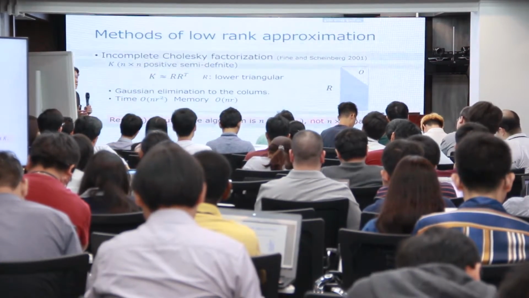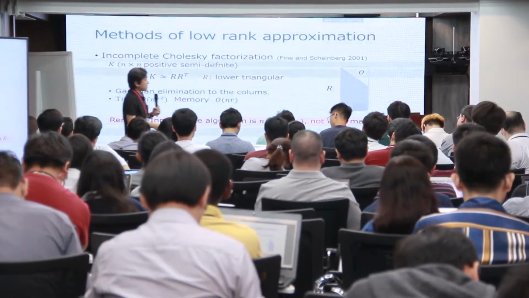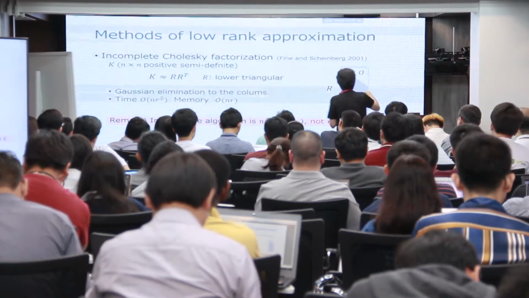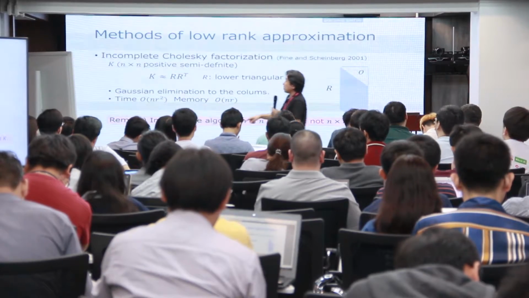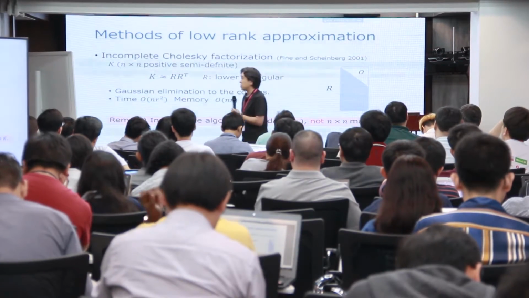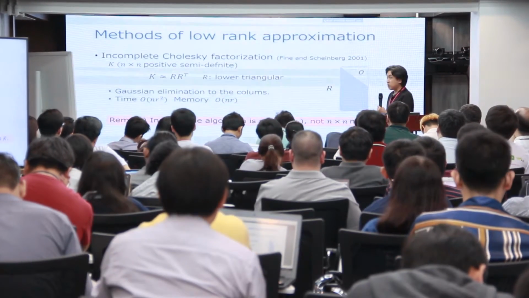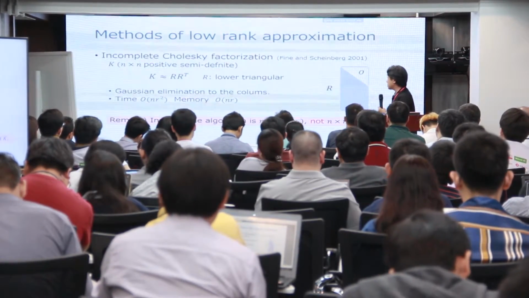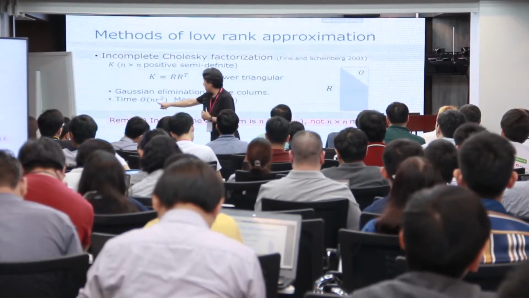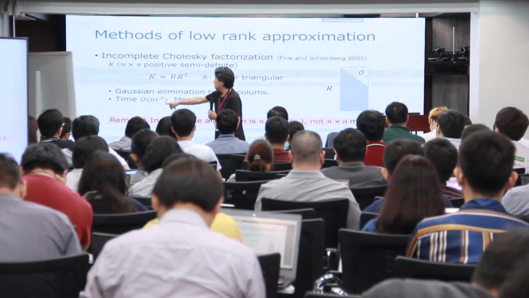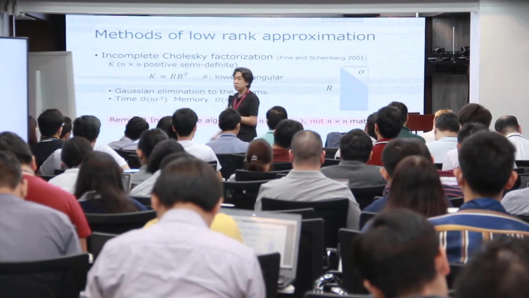Let's say that we have n data, and the matrix R is computed, and the element of K is computed only as needed. We only need to call the value. So in total, the computation is linear, and the memory is linear in n. We don't compute everything at first.